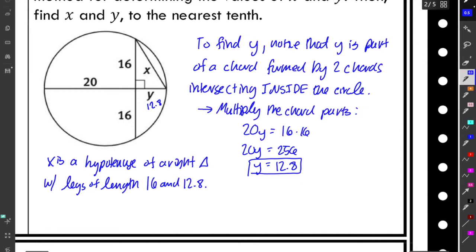So we solve for x by doing Pythagorean theorem, right? So x squared is equal to 16 squared plus 12.8 squared. So x is equal to the square root of whatever that is.